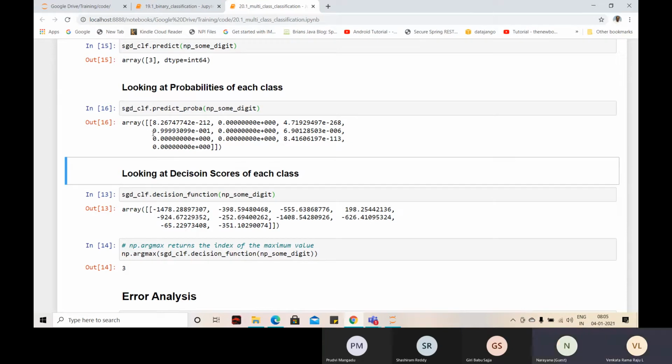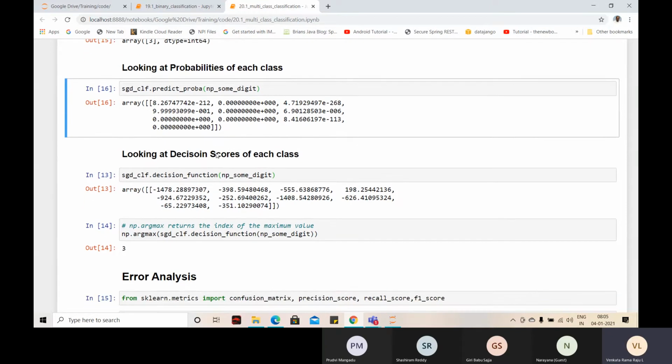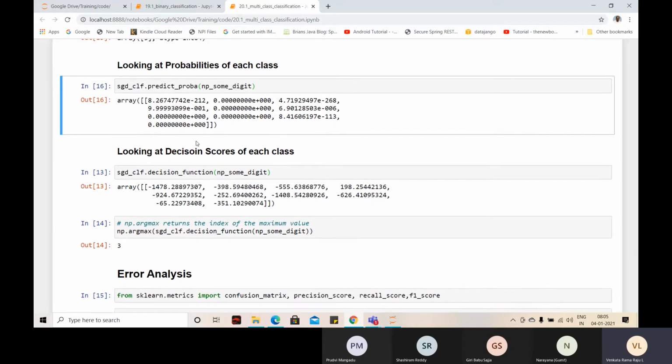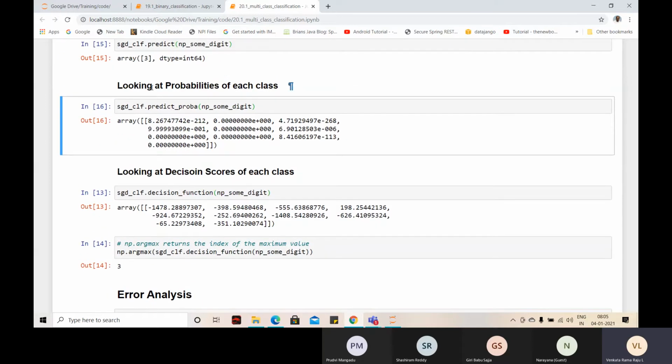This one, right? 9.999 into 10 to the power of -1. It is about 0.9, so 99% probability for the fourth class among classes 0, 1, 2, 3.